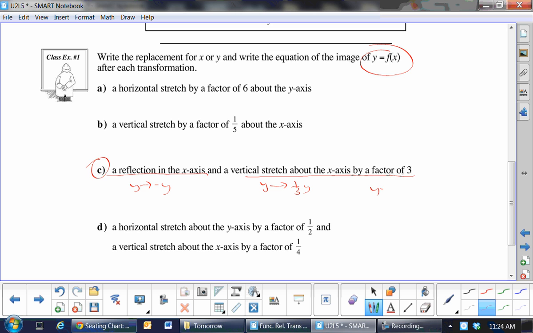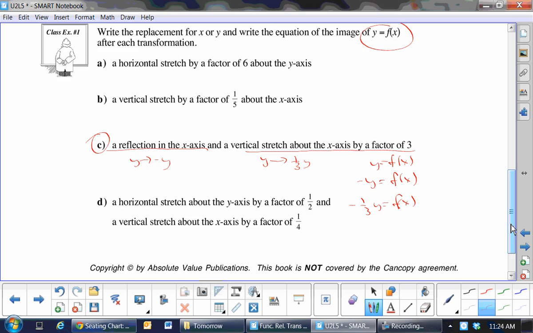Remember, we had y equals f x, so the next step would be negative y equals f x. Now if I take y and replace it by 1/3 y, that would be negative 1/3 y equals f x. So my final answer, get that all the other side, y equals 3 f x. Negative 3 f x.